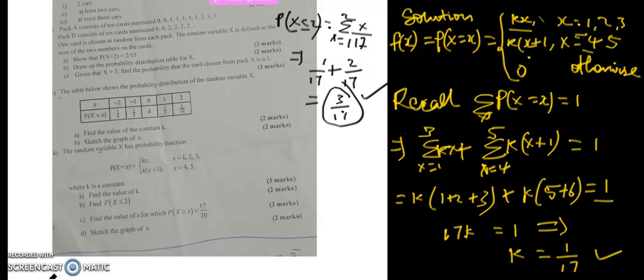So the third question says we find the value of x for which the probability of x greater than or equal to x is equal to 17 over 20. Here we might do a little bit of computation in order to arrive at 17 over 20. So let me get rid of this, so I have more space to do this.